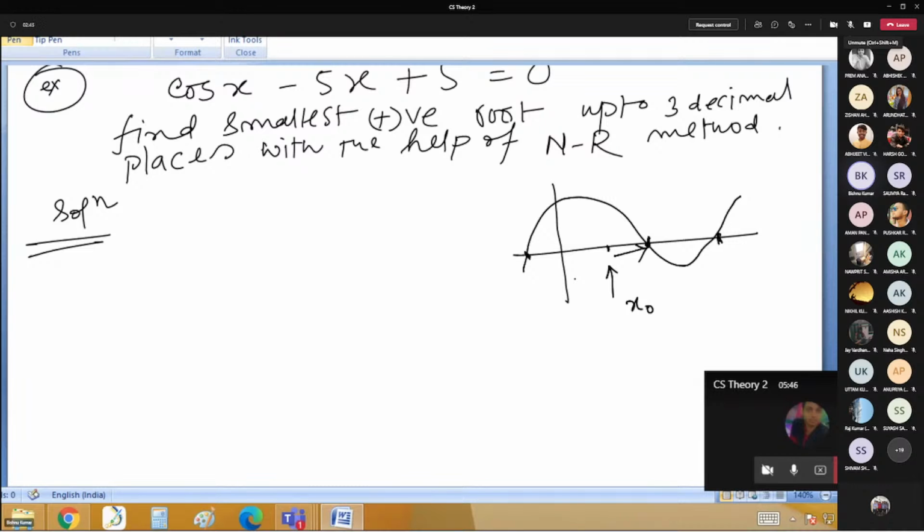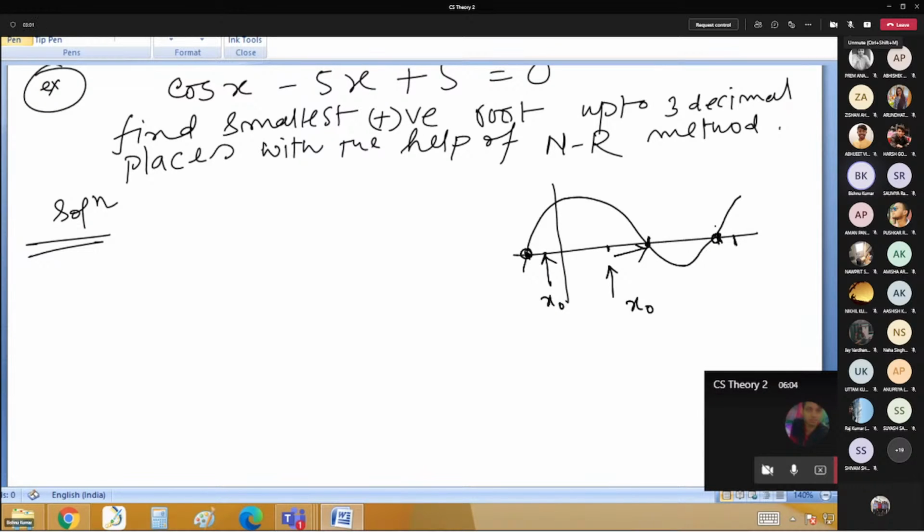If you take the initial condition here, then with the help of that method it will converge to the solution at this point. If you take the initial condition here, it will converge to this point.